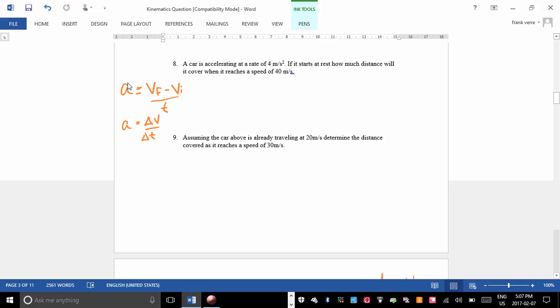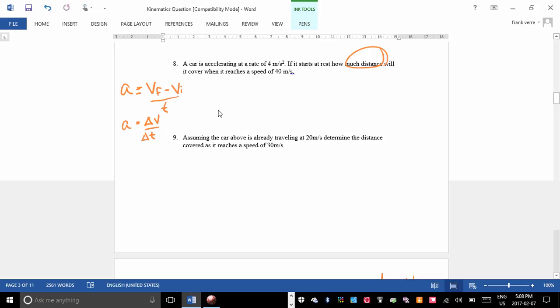So the thing about acceleration is we could use acceleration in our equations to figure out questions such as how much distance will a car travel when there is acceleration involved.